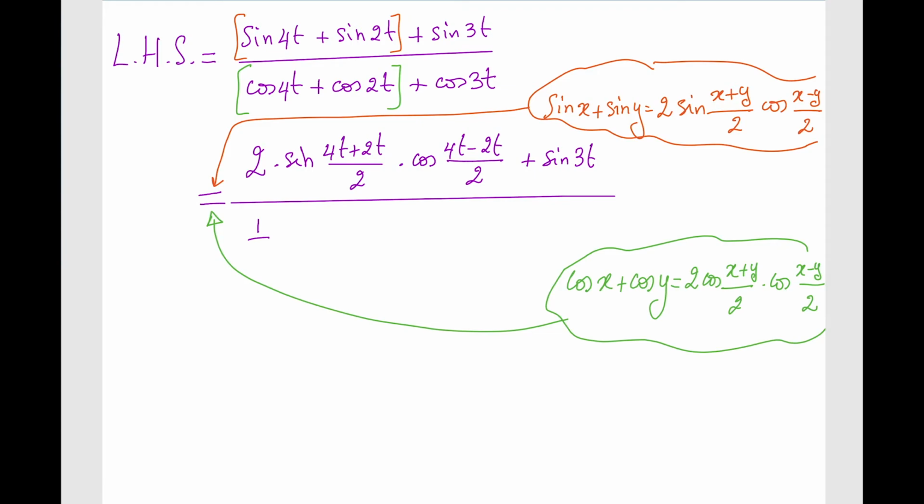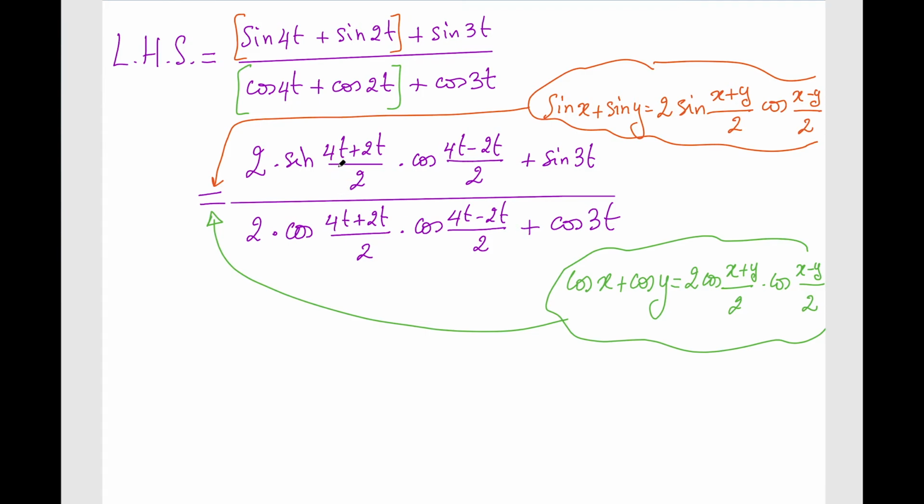So times cosine of (x plus y) over 2, which is 4t plus 2t over 2, times cosine of the difference over 2, cosine of (4t minus 2t) over 2, plus that cosine of 3t, right?